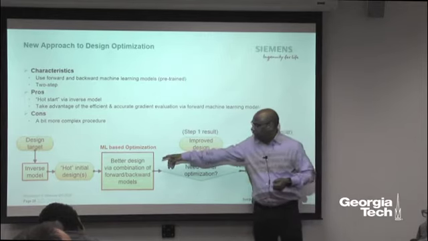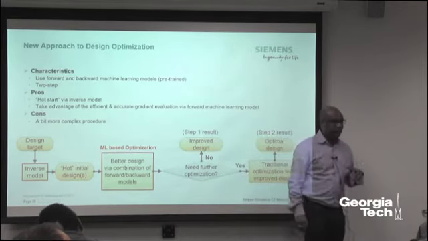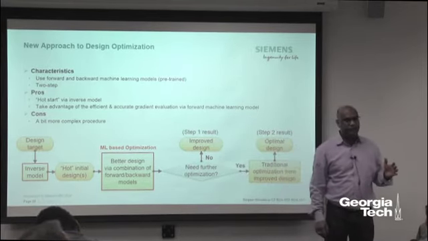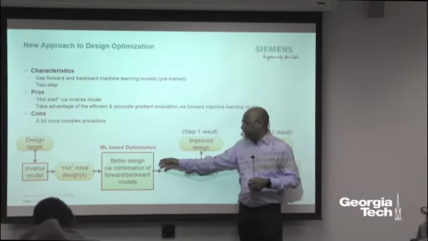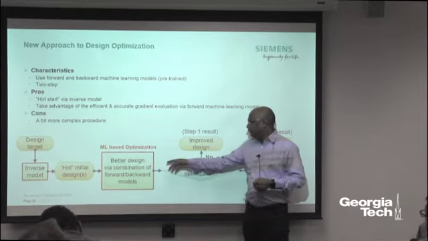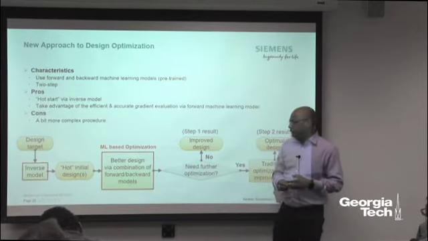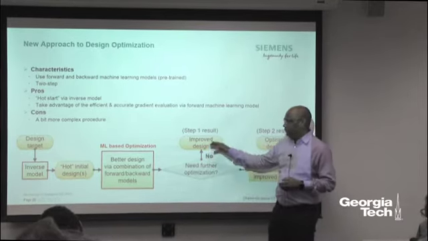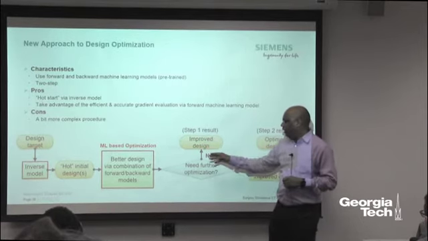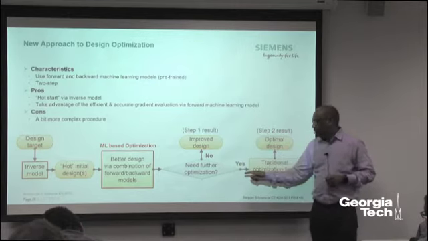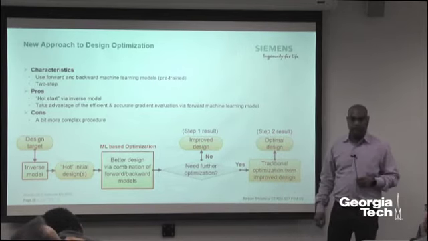Since this is using forward and inverse models which have some kind of uncertainty in their prediction, it's very hard to say that you got an optimal design, but you need to have a certain criteria to make a decision whether you want to stop at a certain point to say this is my most improved design, or else you can use that design as a starting point for the traditional optimization algorithm.